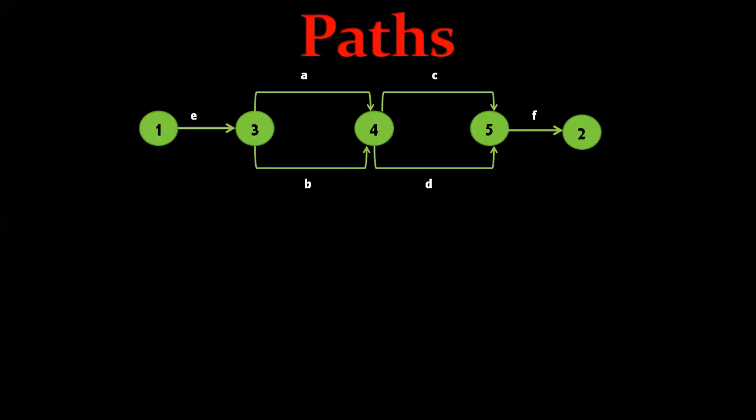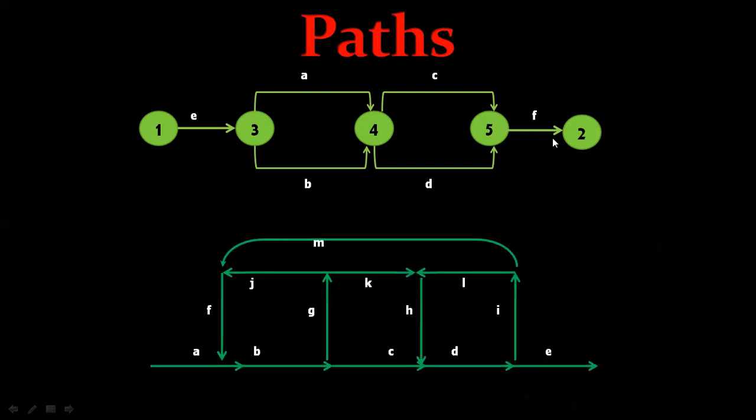Here you can see one example. In this picture, EACF is one path, EADF is another path, EBDF is another path, and EBCF is another path. Now coming to the second picture, we can see different paths. Here A, B, C, D, E is one path. Next, A, B, G, K, H, D, E is another path.